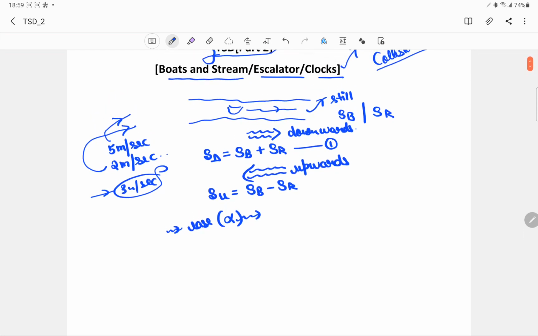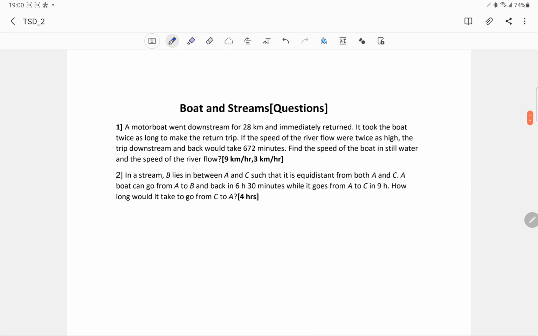So ease of calculation is important, along with remembering the approach when it is traveling downwards, in the direction of the river, and when it is going against it. Let's see some questions based on it.